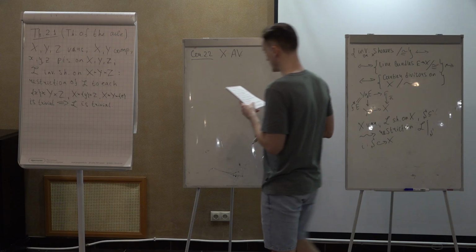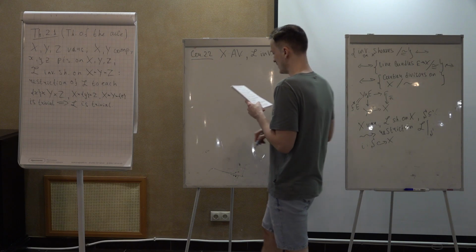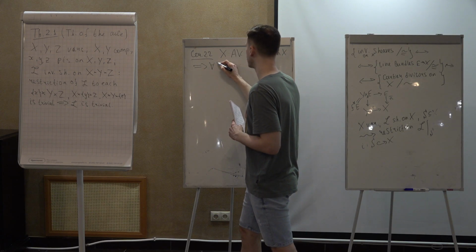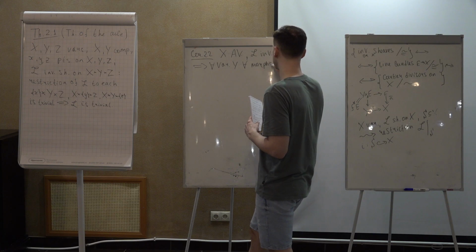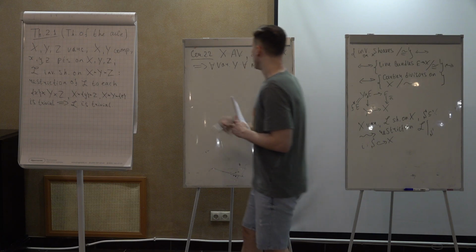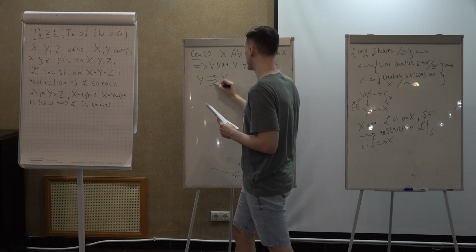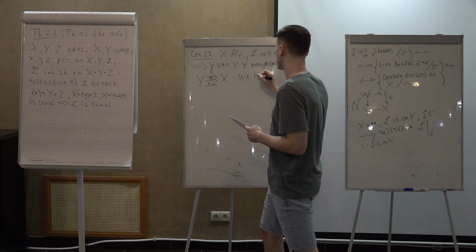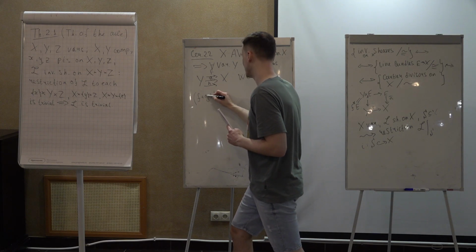I take an Abelian variety X, I take an invertible sheaf L on X, and then for any variety Y and for any three parallel morphisms f, g, and h from Y to X, I can consider their sum.